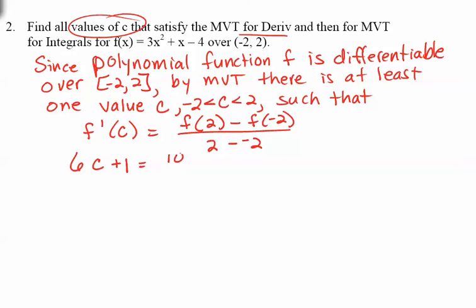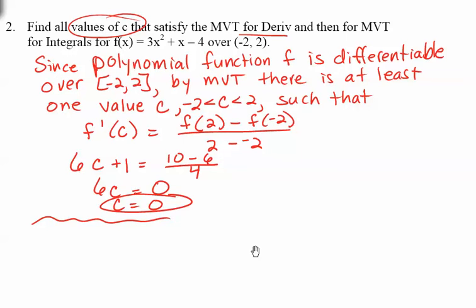F of 2, compute, I think should be 10, and f of -2 looks like it will be a 6. So we want 6c. On the right hand side here you can see we have 4 over 4 is 1, and we're going to subtract 1 from it. So it looks like we would like c to be equal to 0. It is indeed between -2 and +2. So we're happy with that.